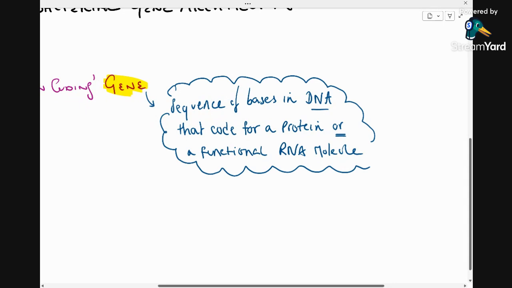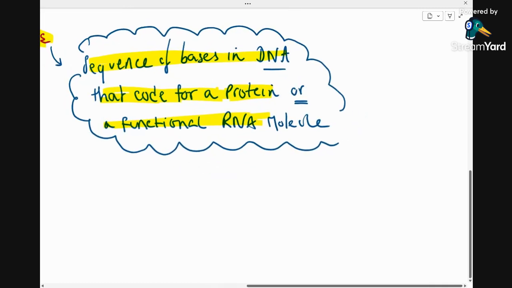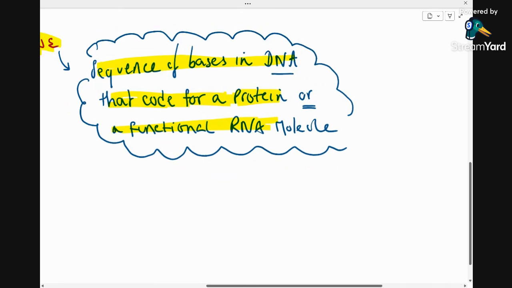Now, the honest truth here is you still could get away with just going up to here and just saying that it's a sequence of bases that codes for a protein. And that would serve you fine. I make the point about the functional RNA molecule because, of course, the molecules that you came across last year that are RNA coded by the genome, they have to themselves have been transcribed.